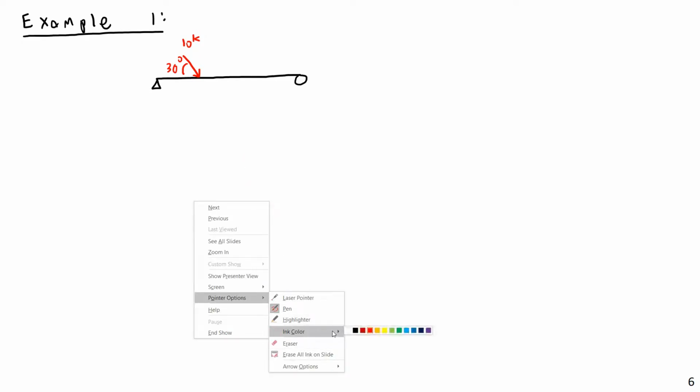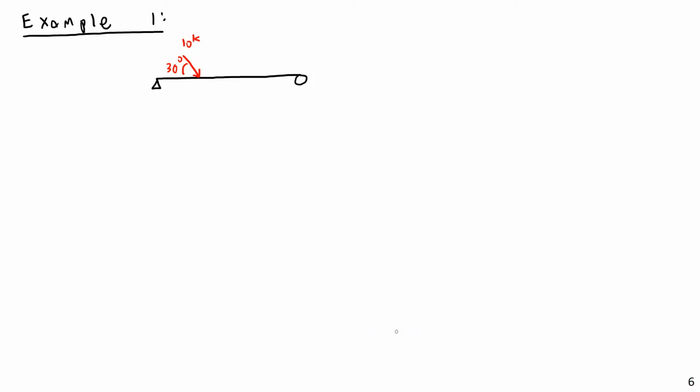And let's provide some distances here. And I'm going to be looking at the internal forces at this point here. That's my goal. And let's say this is point A where the force is applied, and maybe this is point B. And then let's give this some dimensions of maybe 6 feet, 6 feet, and 6 feet.